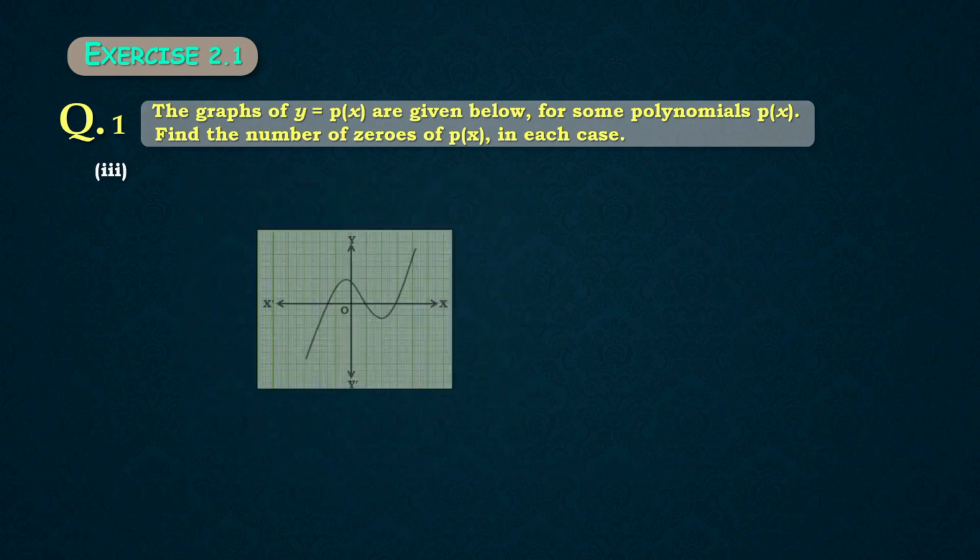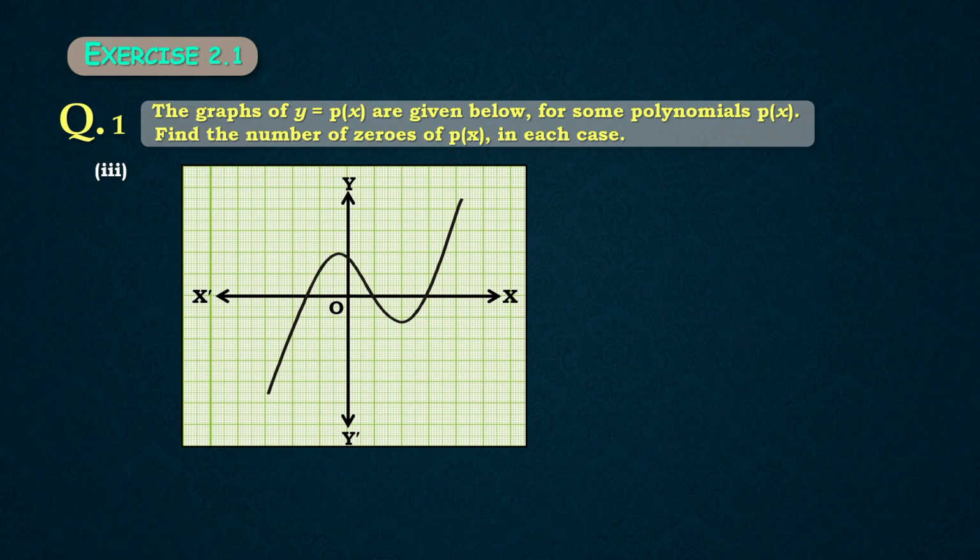Question 1, Part 3. The graphs of y equals p of x are given below for some polynomials p of x. We have to find the number of zeros of p of x in this case. First, let us recall an important concept. The number of zeros of a polynomial is equal to the number of points where its graph intersects the x-axis.